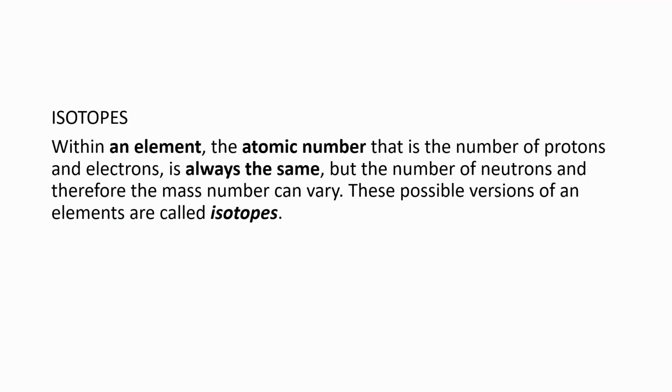Okay? And this is where our isotopes come in. Within an element, the atomic number, that is the number of protons and electrons, are always the same. We are talking about an element, and an element is always neutral, so there is no charge.